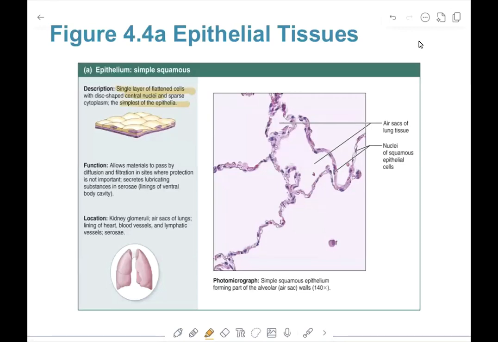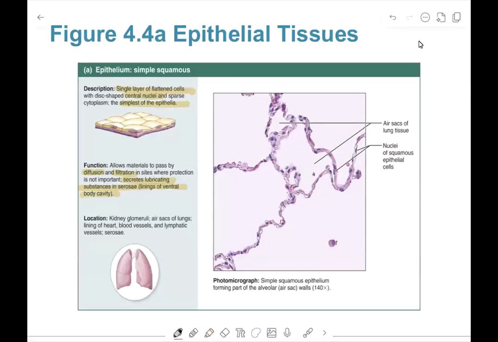Again, it's a really good idea to put these on index cards to study from. Its function is that it allows for materials to pass via diffusion and filtration. And there's also secreting lubricating substances in serosa, which is something you learned about in chapter 1.